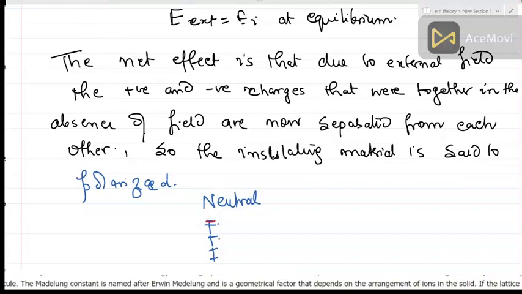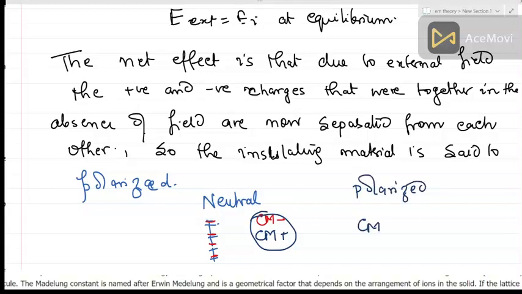If this was the neutral material, these are the positive charges, and these are the negative charges. Or you can say, if this is the center of mass of the negative charge and this is the center of mass of the positive charge, they were together in a neutral material.